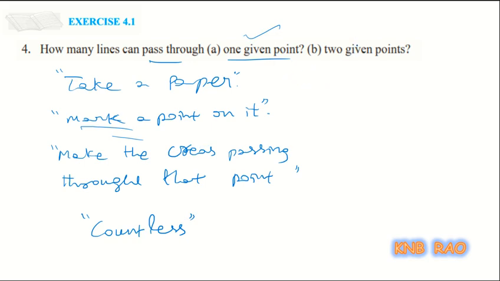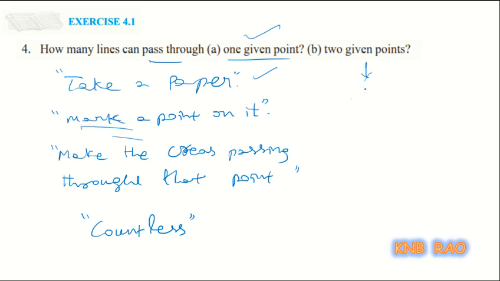Similarly, if you want to answer this, suppose same take a paper, instead of marking one point, mark 2 points on it. If you mark 2 points on it and now make a crease passing through both of them, then how many lines will pass through 2 points that you have chosen?